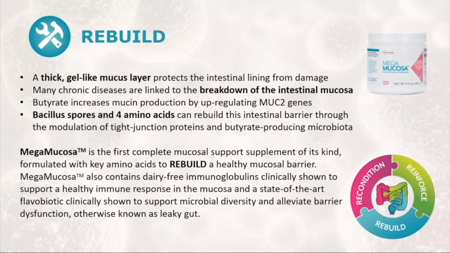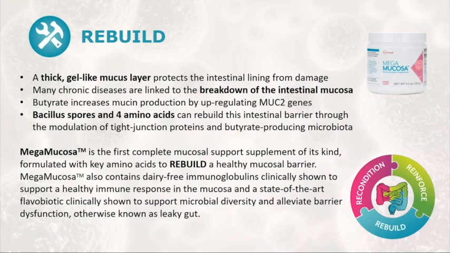And then our final R, rebuild, is the next topic. So we know that there's a thick gel-like mucus layer that protects the intestinal lining from damage. And many chronic diseases are linked to the breakdown of the intestinal mucosa, as we kind of outlined in the beginning of the presentation.